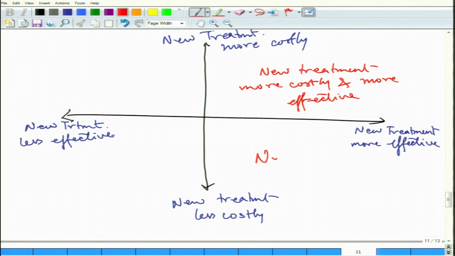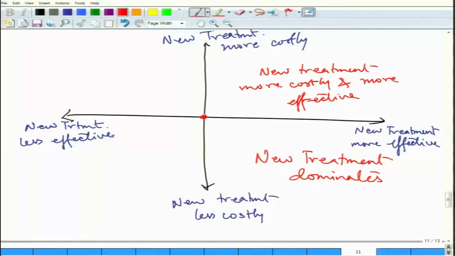Over here new treatment dominates, because if this is the starting point, the current technique, current process, I am comparing from 0 0, that is the origin.